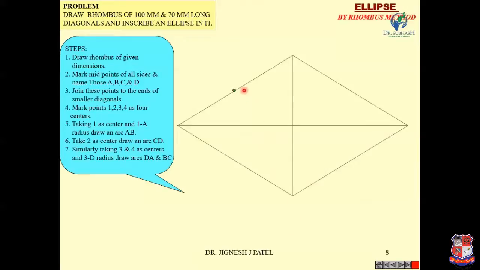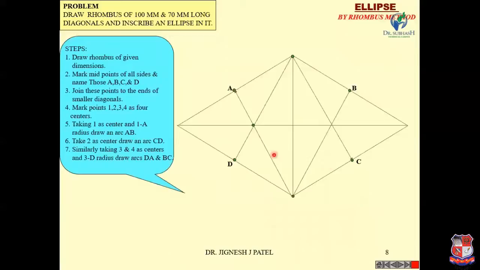Now find the midpoint of each side. These are A, B, C, and D. Now join A with this corner, also join B with this corner, join D with the opposite corner, and join C with the opposite corner.